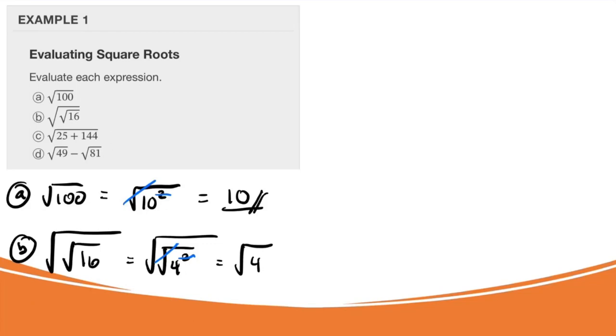Now 4 is what? 2 squared. And again, I really feel like because of that squared symbol being on the inside, it forces it to be a positive number. We should be using absolute value, but we're just going to go with these results as is. All right. So they cancel. It looks like the final result here is 2. Okay. All right. Let's continue working over here for part C.